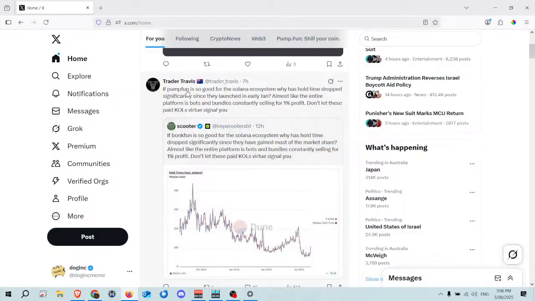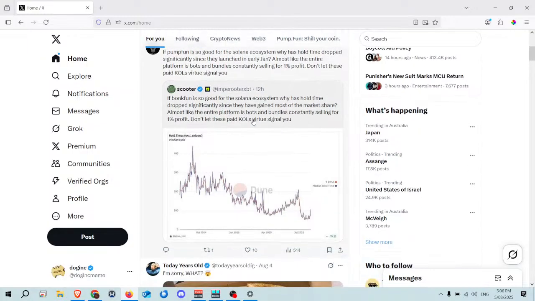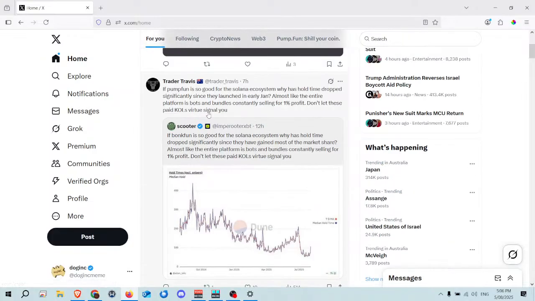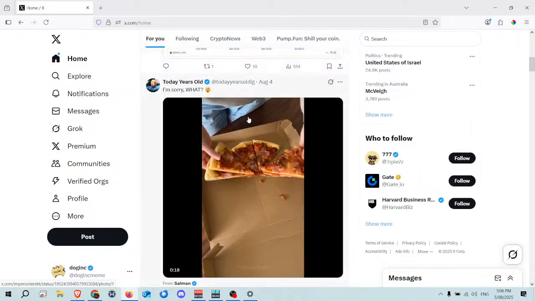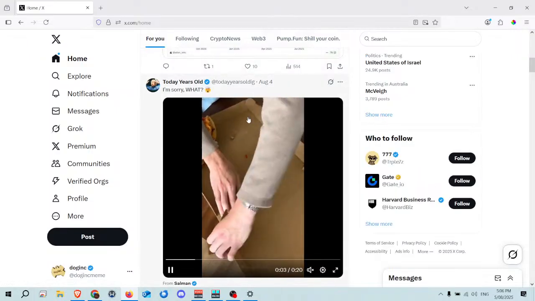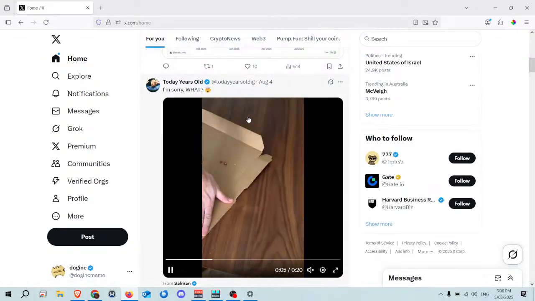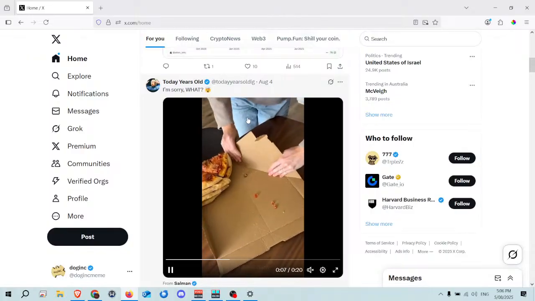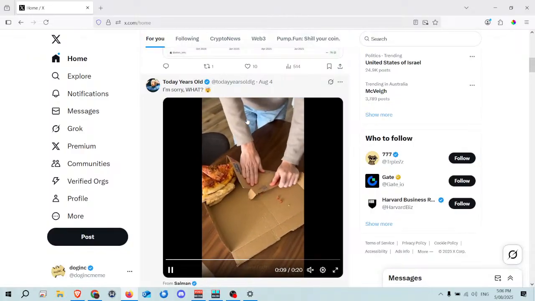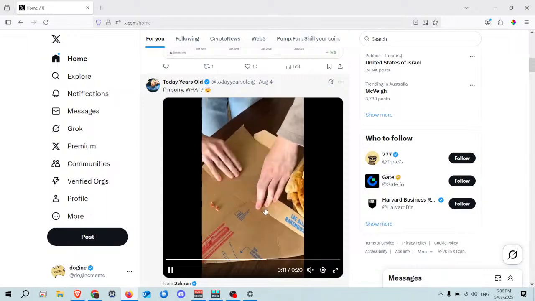What's happening here? This is very interesting. Let's see how Solana goes through this next run. I'll have to keep an eye out on that. Other than that, still some Twitter things that are interesting, I guess.